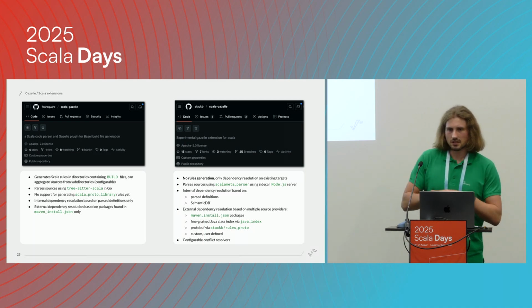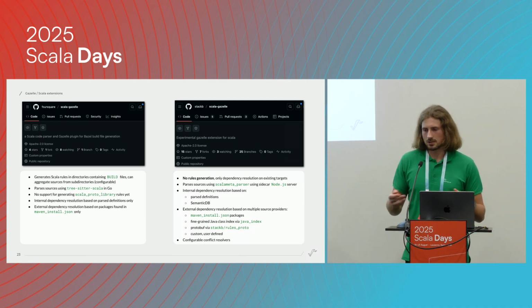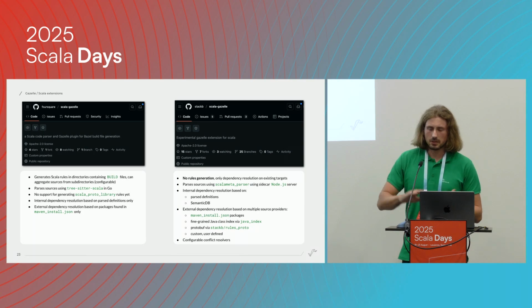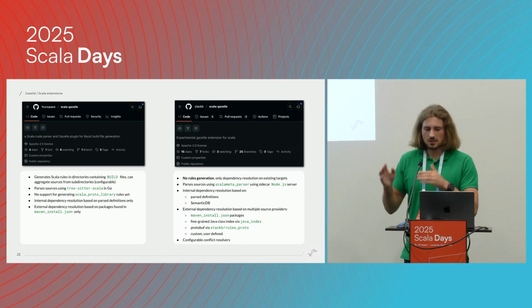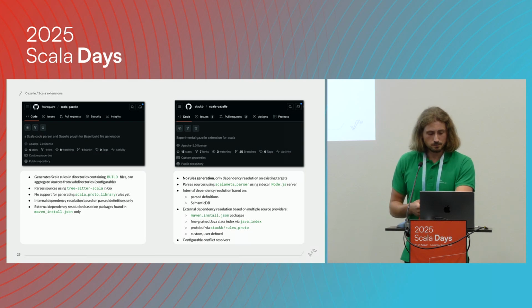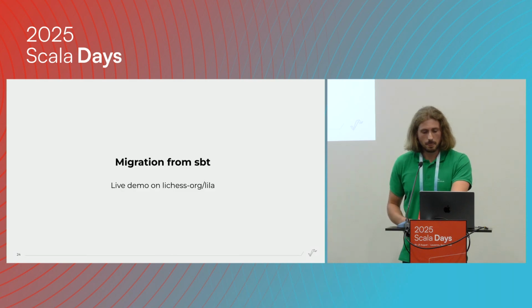So, for example, it is able to index the jars that you have in the classpath to get more information, to match not only by the packages, but also by the actual symbols that are defined. You can use SemanticDB for some reason, and many other inputs. And you also have some configurable conflict resolvers.